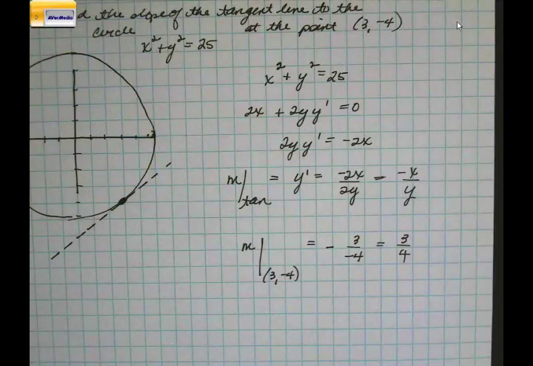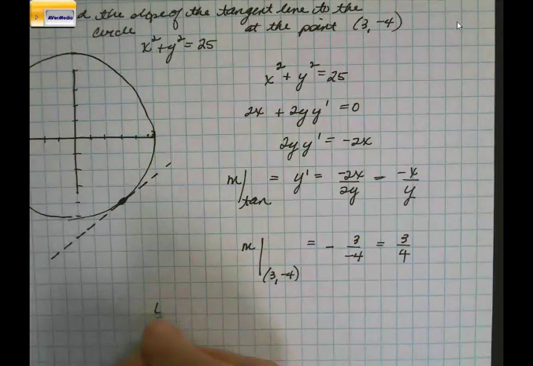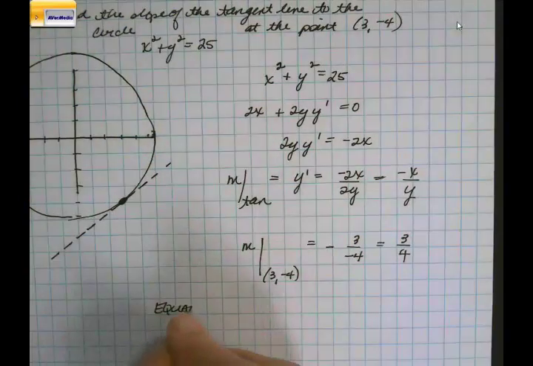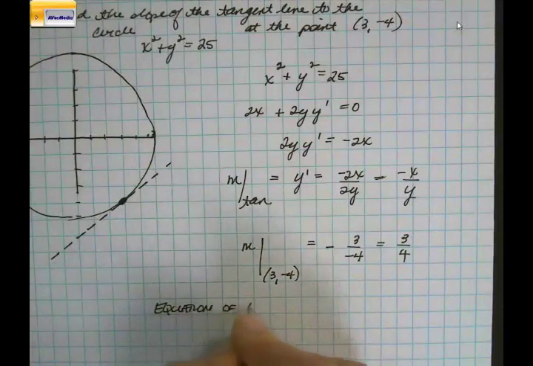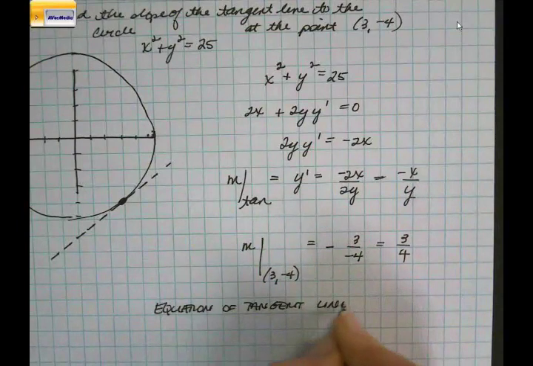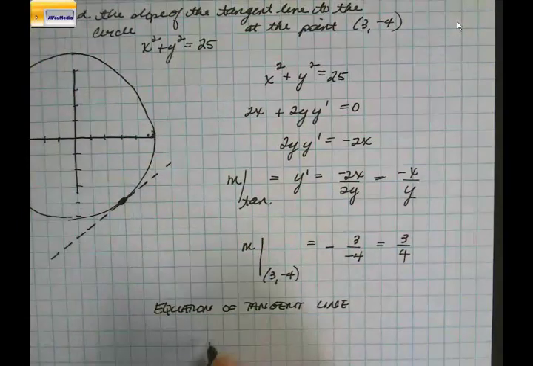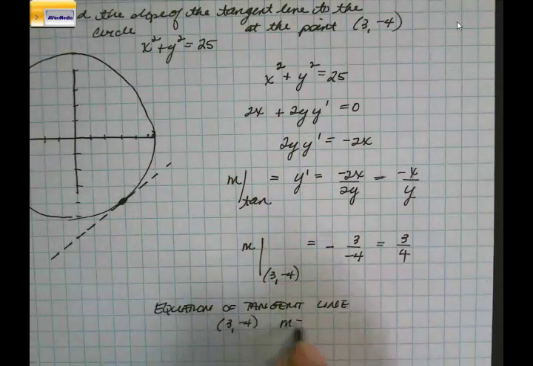Now, they didn't ask, but had they asked for also the equation of the tangent line, which they're definitely going to progress into, if they ask for the equation of the tangent line at that point, then your point is 3, negative 4. Your slope is 3/4.